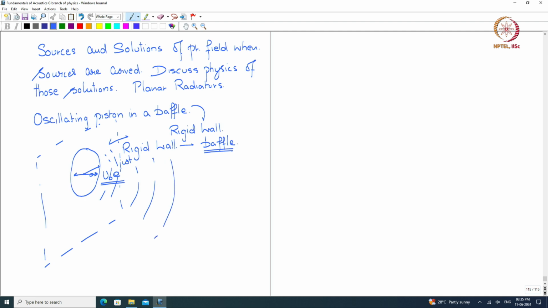Now the KH integral equation can be simplified if we have this planar geometry. There are two terms in the KH integral. If the geometry is planar, it can be made into one term.